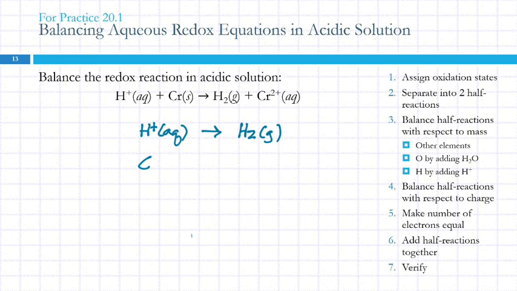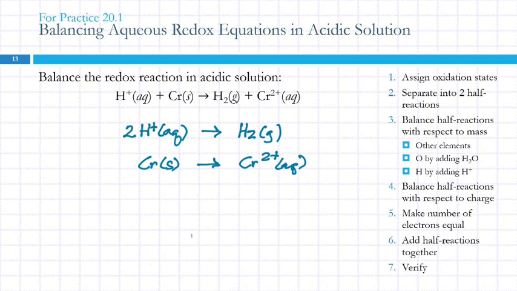And then take the other element, chromium, and this is the chromium ion. Balance for mass. Well, up here we have 1 hydrogen over here and 2 over there, so we need to put a 2 here to balance it. Same as Chem 1A reaction balancing. Here we've got a chromium on each side, we're good.